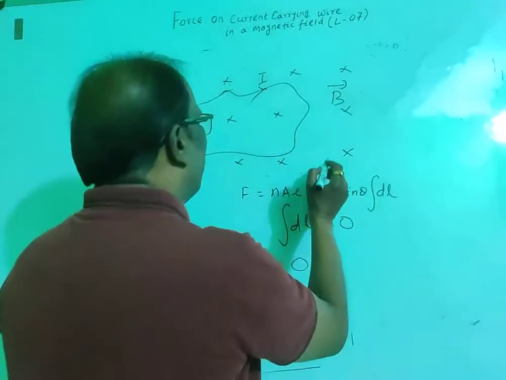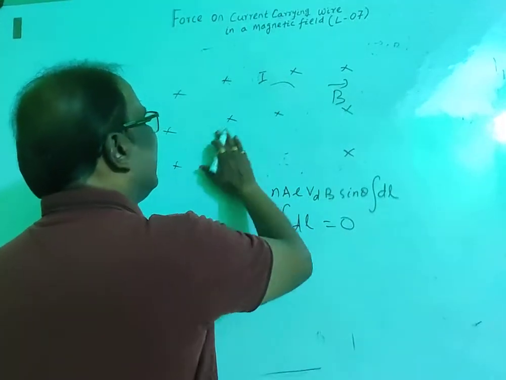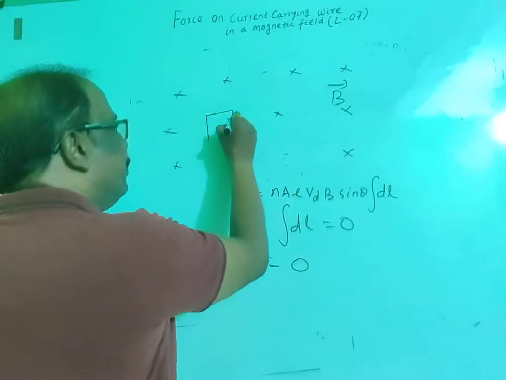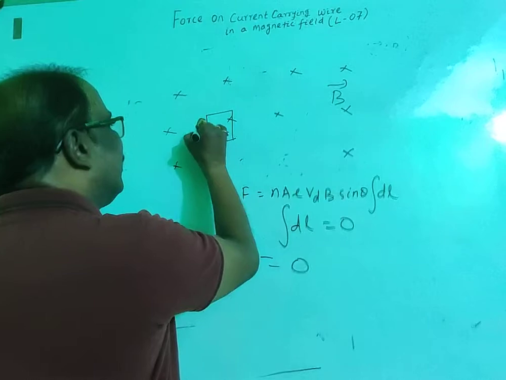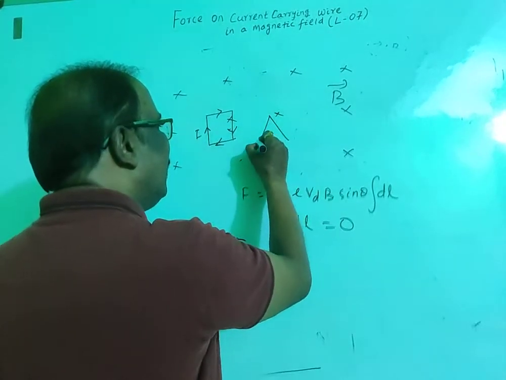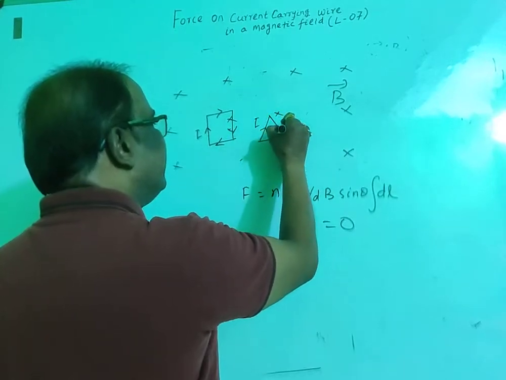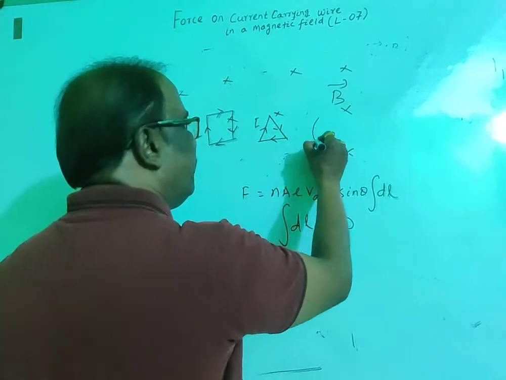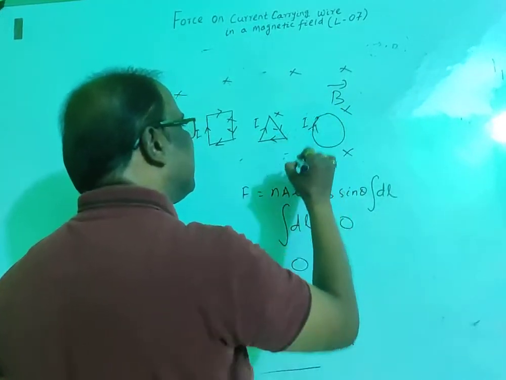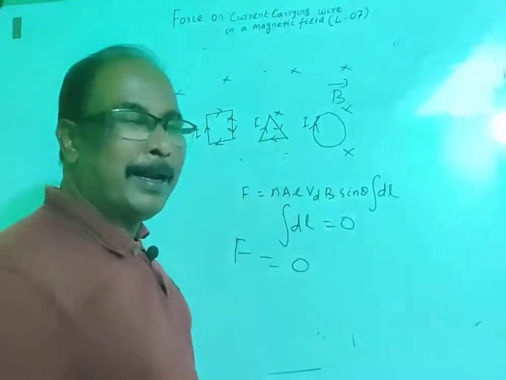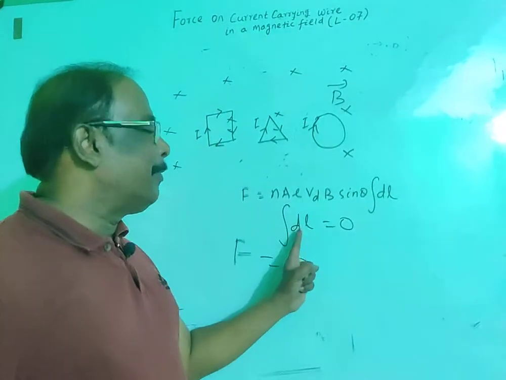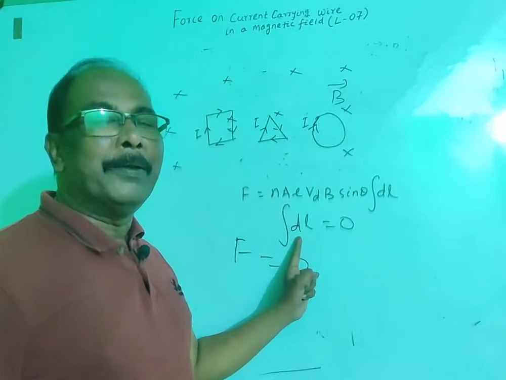Whatever may be the shape of the coil, you may take the shape as rectangular or square, with current I. Or you may take a triangle, current flowing is I. Or you may take a circle, current flowing is I. In all cases, for a closed loop placed in a uniform magnetic field, the vector sum of elemental length is 0.